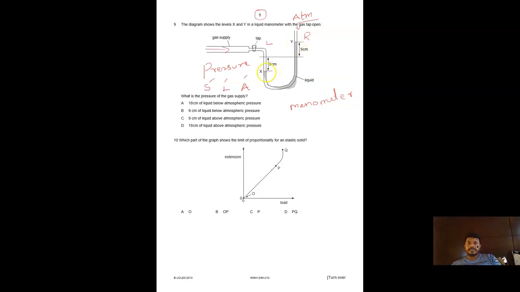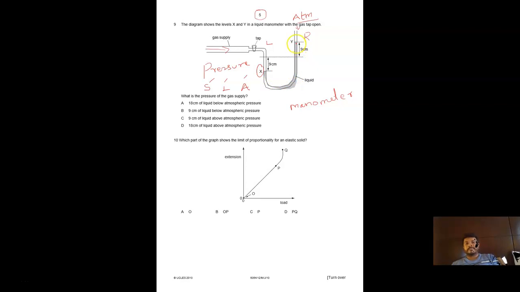So this one is like a tug of war. Here, who pushes the liquid more? Is it the gas or the atmospheric pressure? You can see which is being pushed more. On this left side, the liquid is being pushed more, which is why the liquid on the other side is raised up.